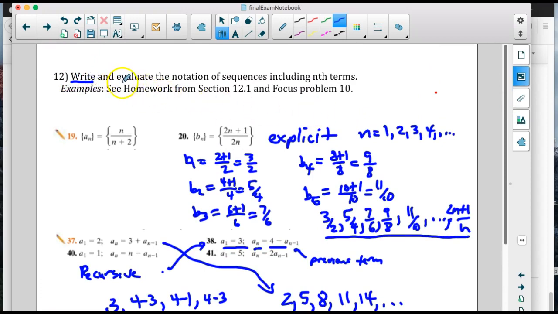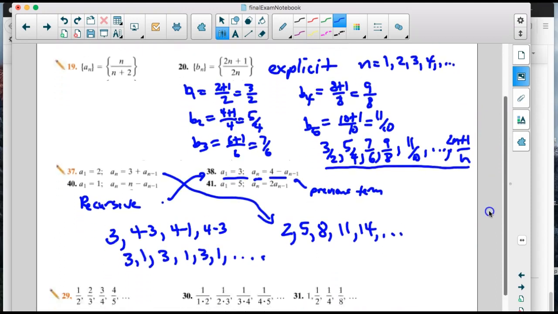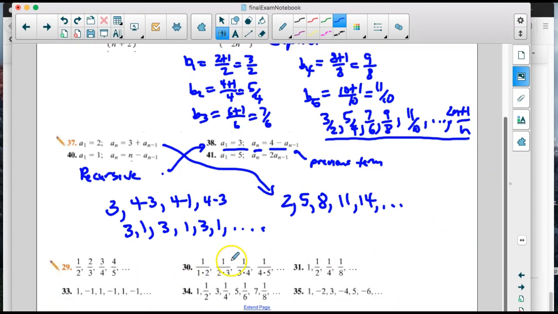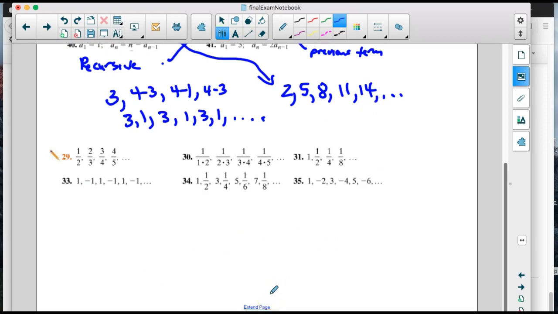Now we also have to be able to evaluate the notation for the nth term. These are some problems where we're supposed to write the nth term of the sequence. Here, like in 30, we can see that in this term, n is 1.